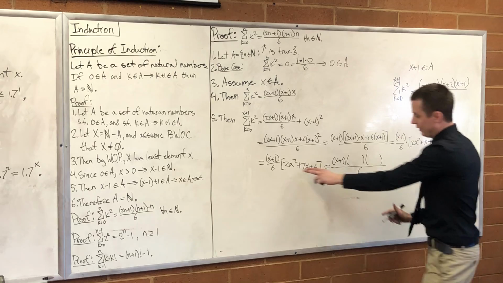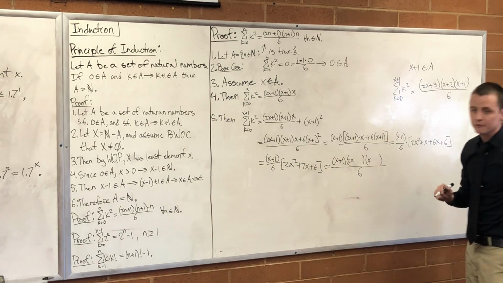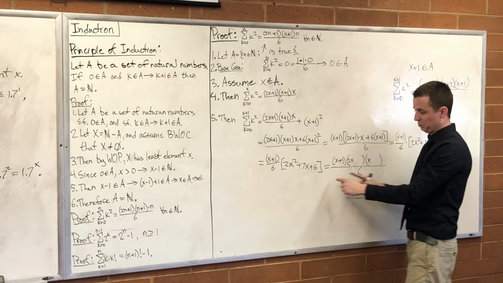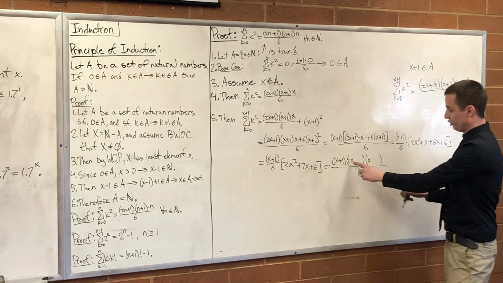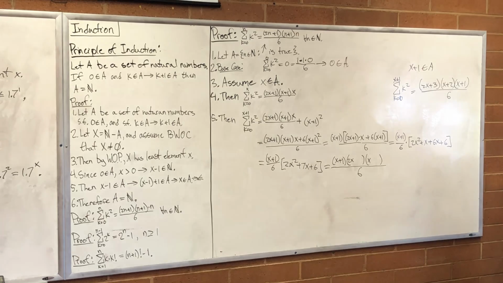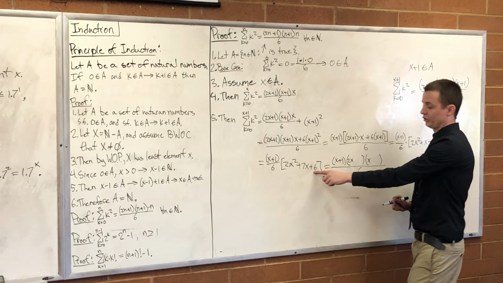Well, I've got a 2x squared, so one of these has to be a 2x, and the other one just has to be an x. Whatever numbers go here have to, when you multiply them, give me 6, right? And I need 2 times this one plus 1 times this one to give me 7. So my numbers that give me 6, obviously we're going to try 2 and 3.